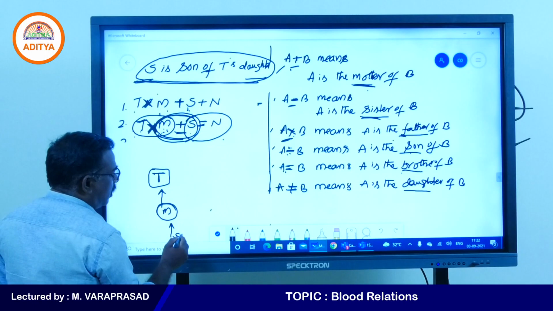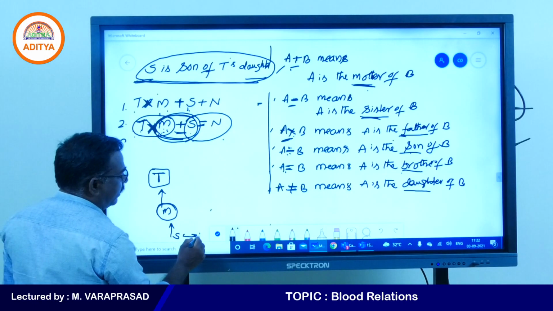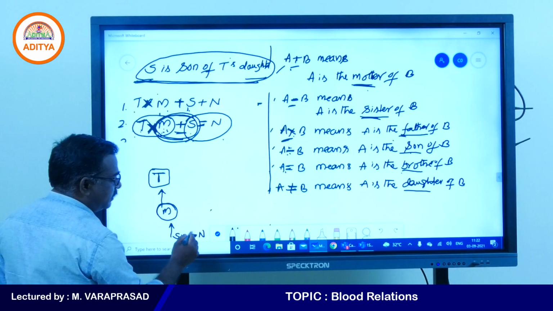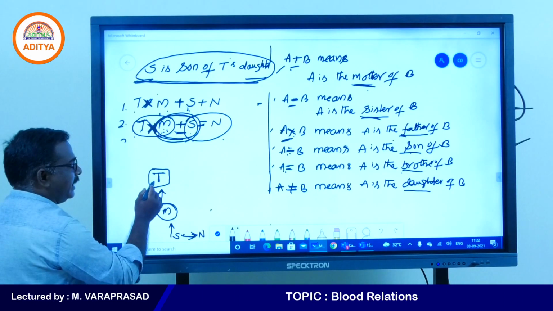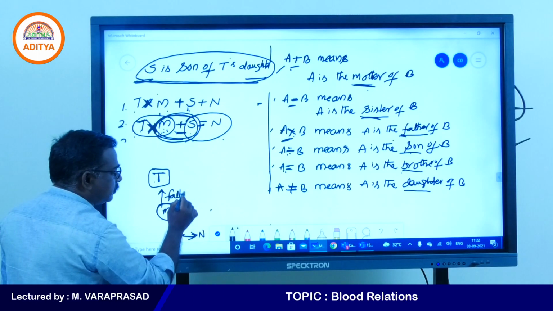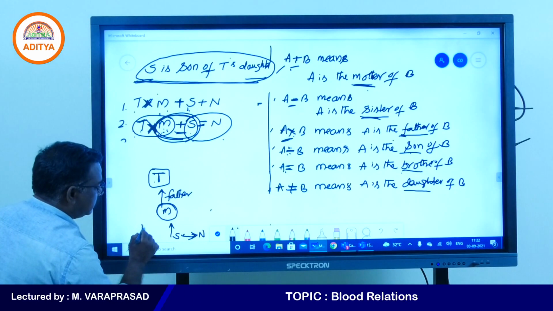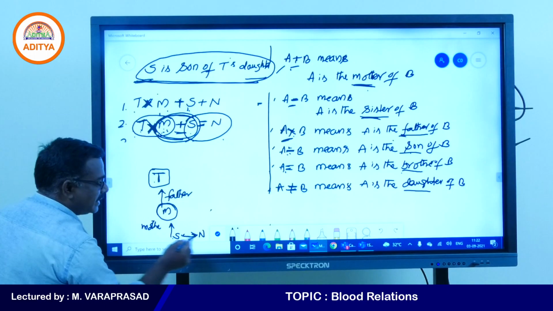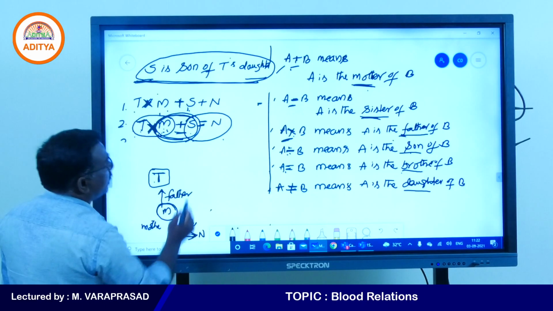S is brother of N, same generation. See here, T is father, the relation we got. Here M is mother, the relation we got. S is brother. Now what is the question they are asking?